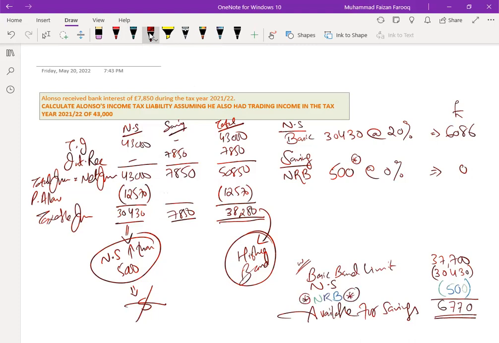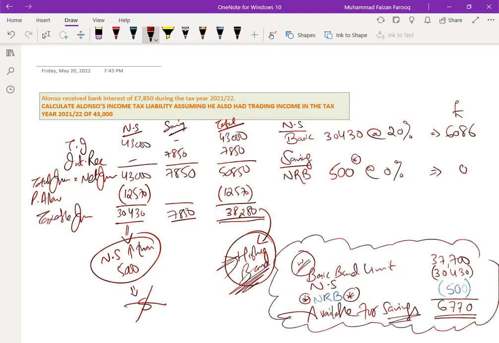This is what students used to forget. But you must remember it, in order to find out how much income will fall in the basic band, because this guy will go up to the higher band. We have to do this working, and in this working many students forget to take this 500. It's easy.